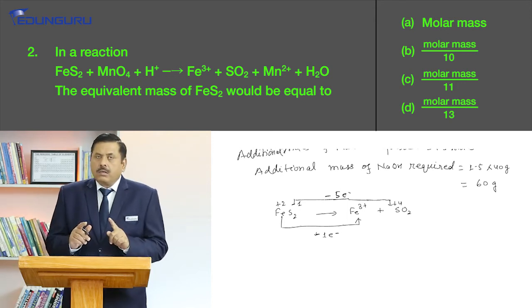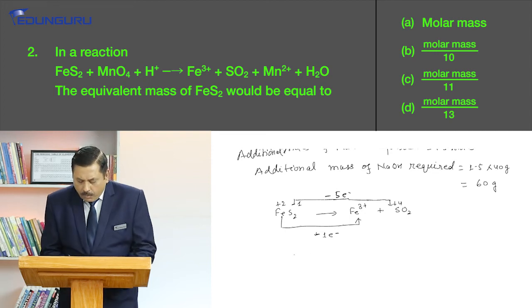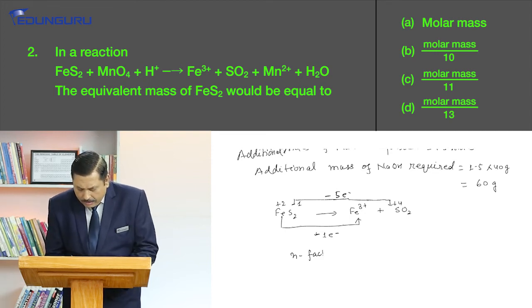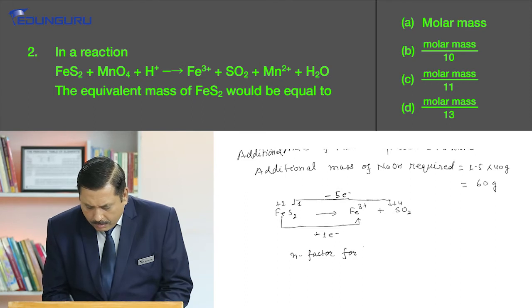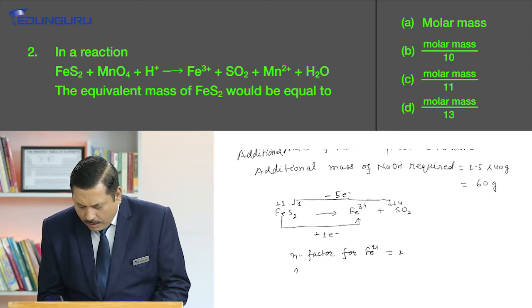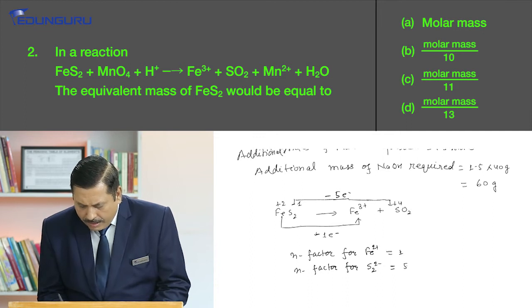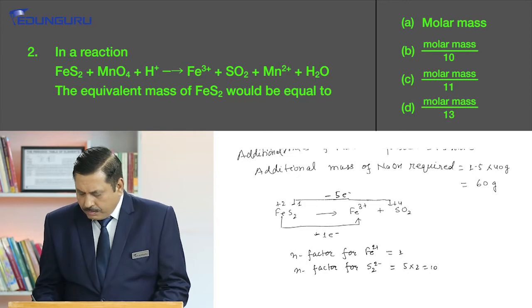And since there are 2 sulfur atoms, therefore N factor for Fe2 plus is 1 and N factor for S2 2 minus will be 5 into 2, that is 10.